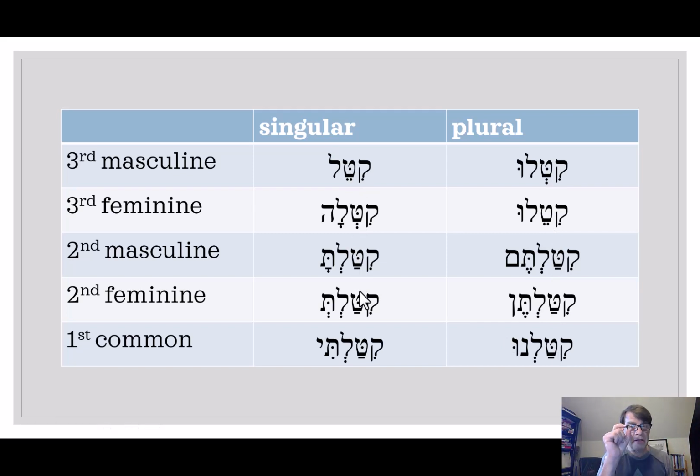So doubling, or D stem, or the PL stem, is the doubling stem. I've talked in another video about the meaning of the PL stem. It basically has a sense of result, so if you break something, you put it in a shattered state. So if the G stem or call stem of the verb is to break, if you put it in the D stem, it means to shatter.